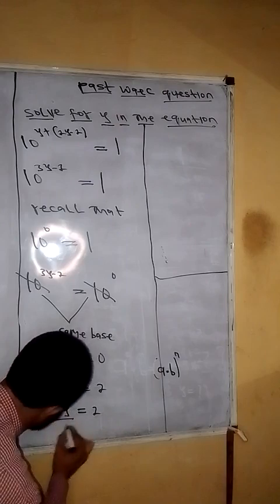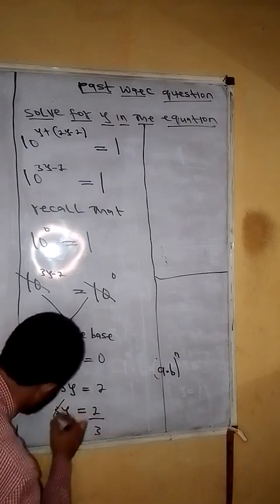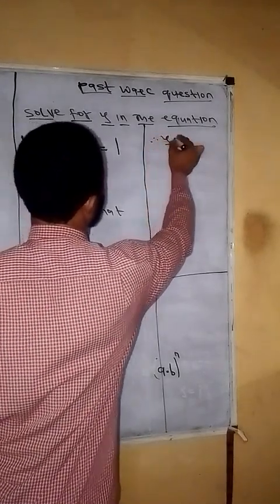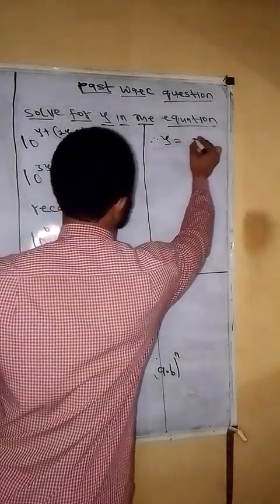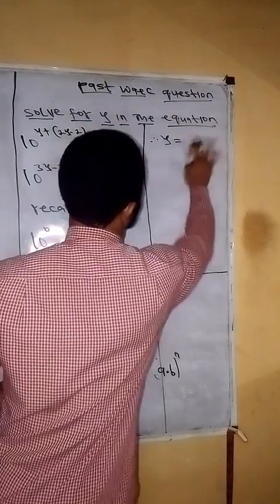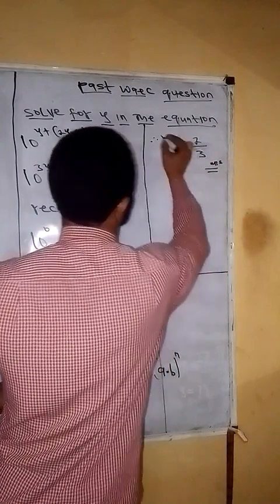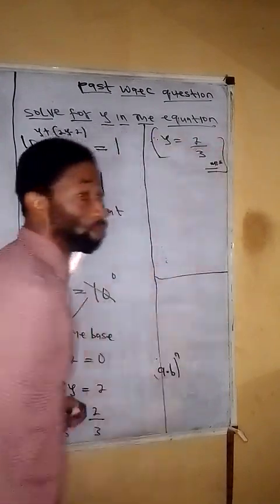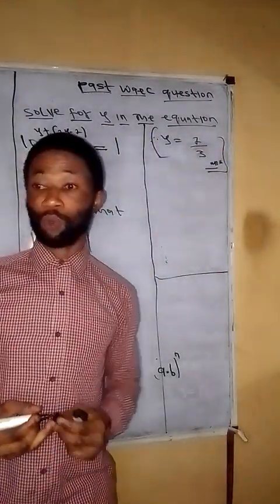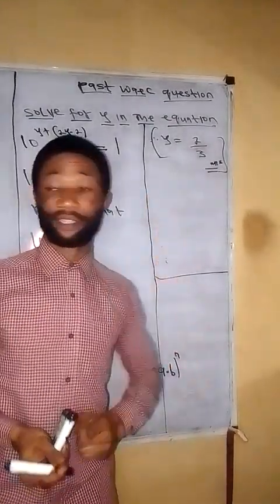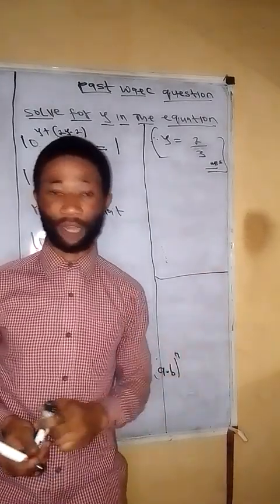If 3y is 2, dividing by 3, this into 3, we are going to discover that y is 2 over 3. That is going to be our answer. So y is going to be 2 over 3. If you look at the options there, you are going to discover that this is among the options in that particular place.